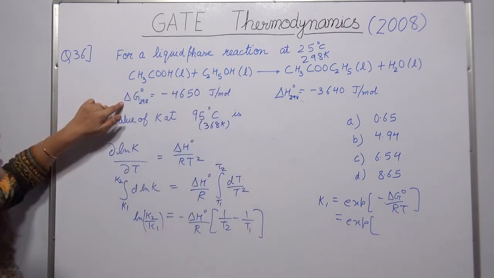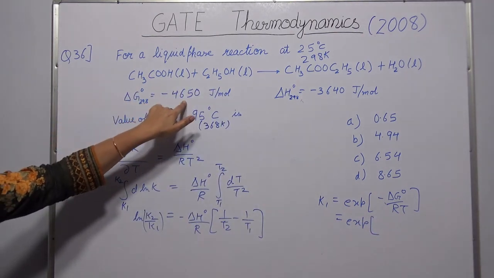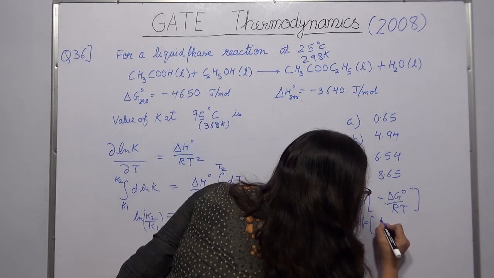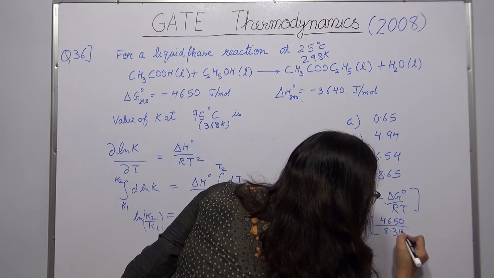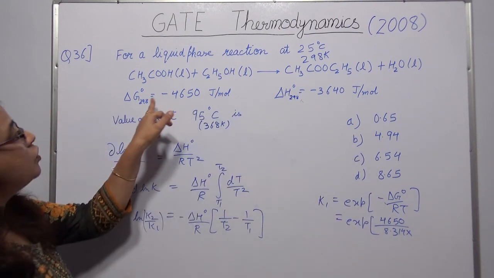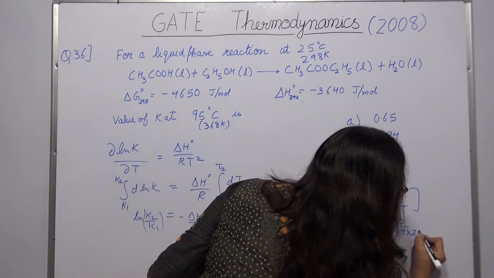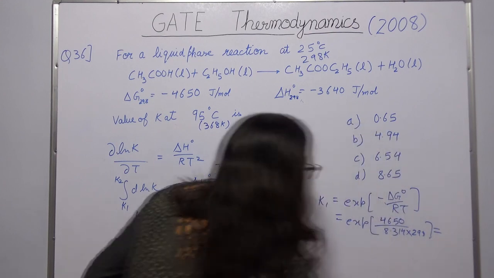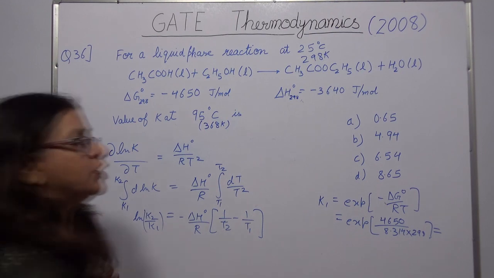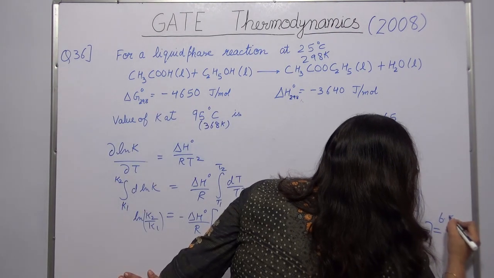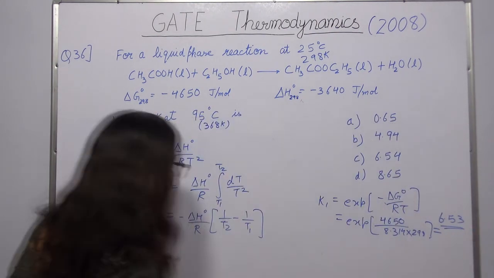What is your delta G0? Minus 4650. So minus of it, divided by 8.314, and what is the temperature? It is 298. If you do that, you get the value of K1 as 6.53.